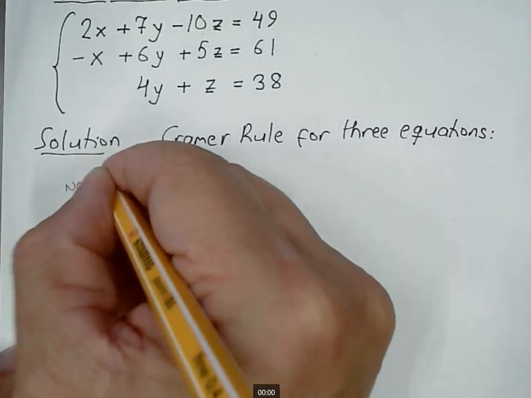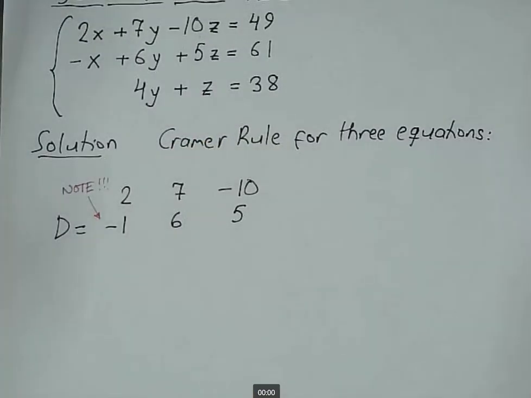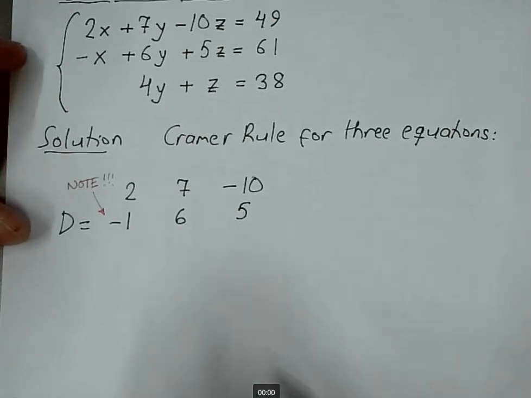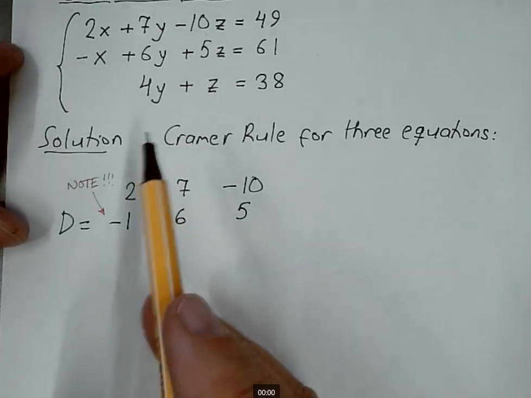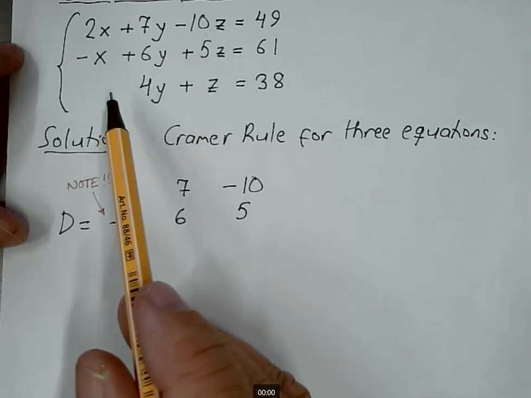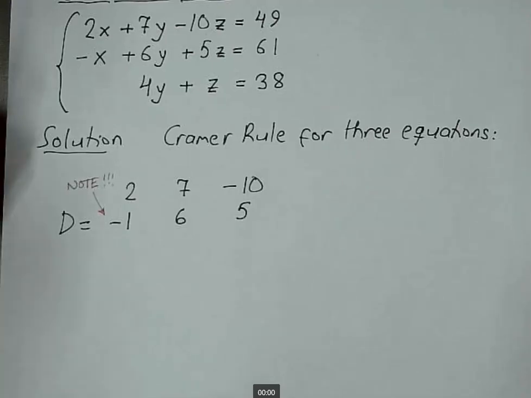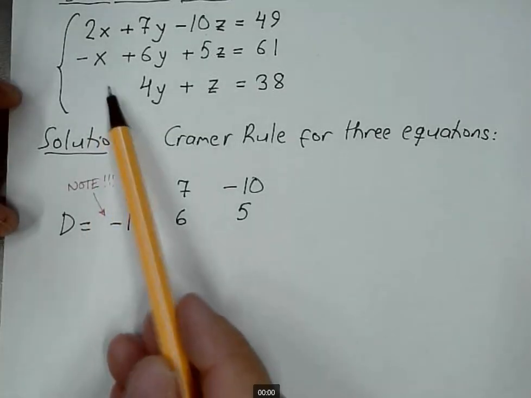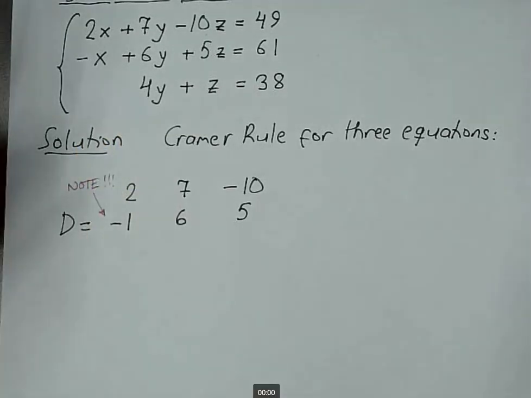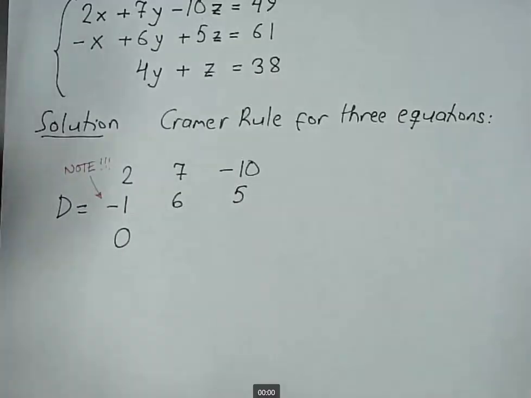Note. And then in the last row we don't have x's at all. So that means in that third equation the x part is 0 times x. So in front of x there is 0. That makes that x is eliminated totally from that last equation. So this must be 0.